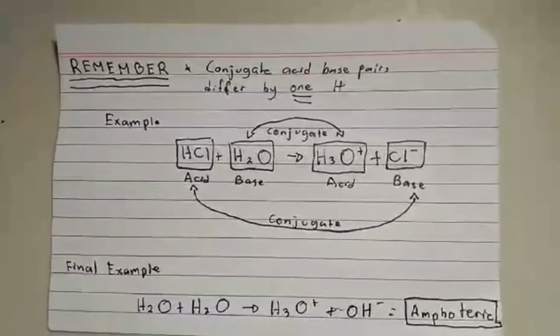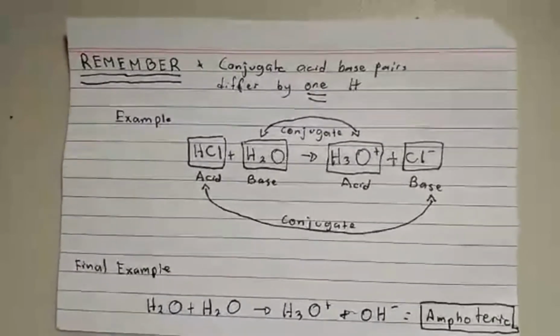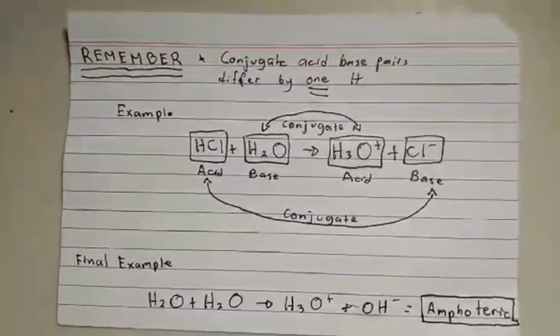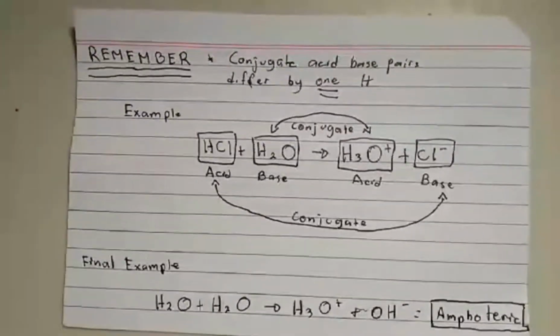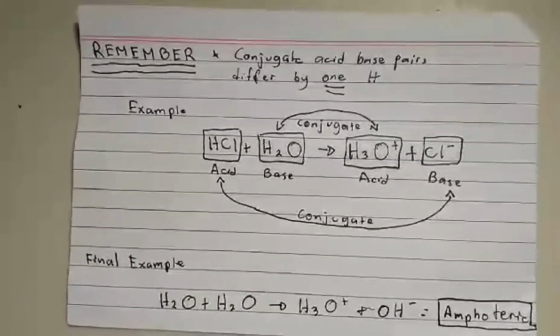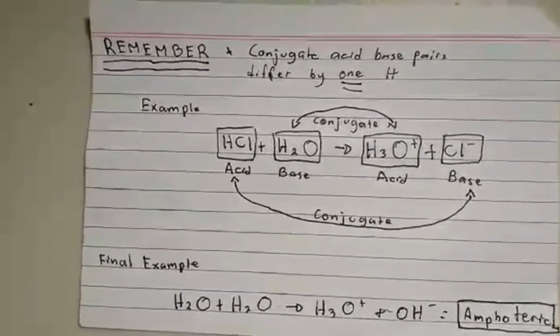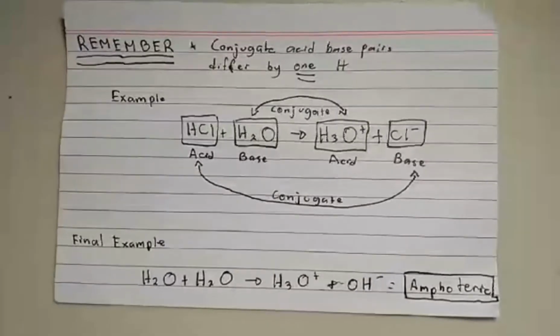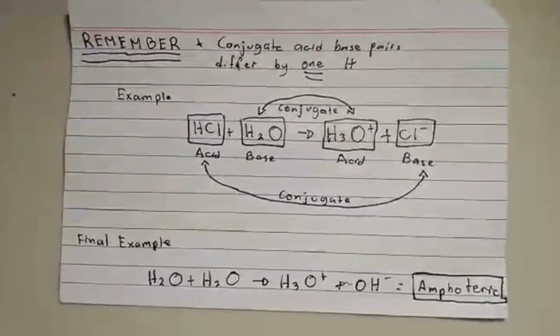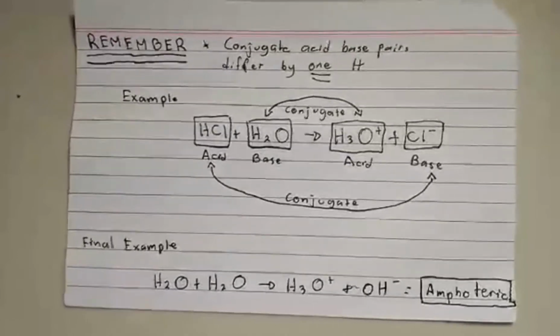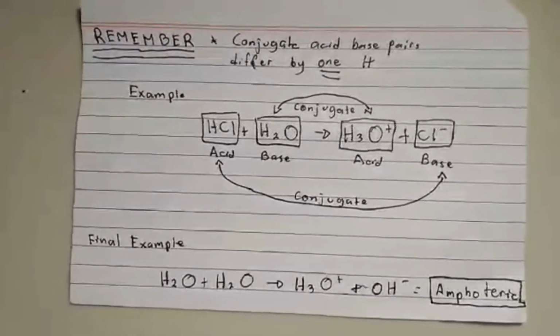In this example, HCl, which is hydrochloric acid, is going to donate a proton to water. And so HCl is acting like the acid, whereas water is going to act as the base. On the right side, the chloride ion we can say is the conjugate base of HCl.